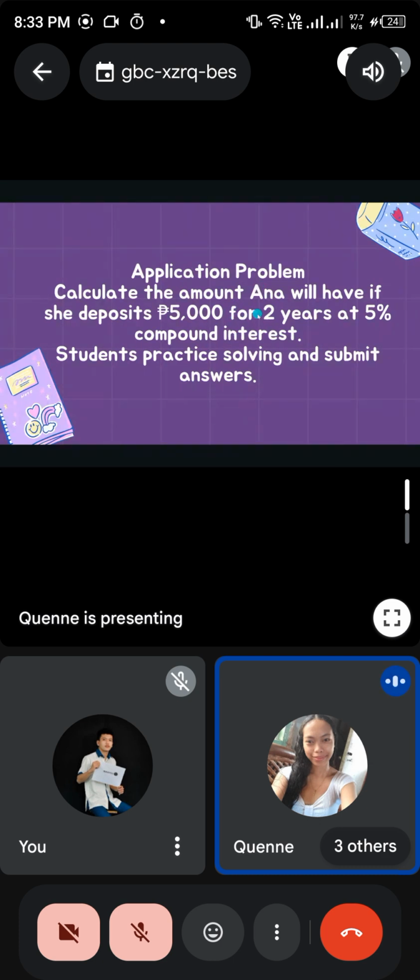Put in your solution and you can submit it to us, or scan it and send it to our GCR.